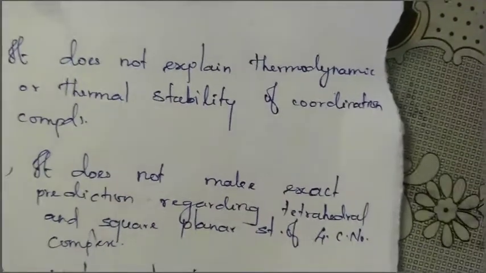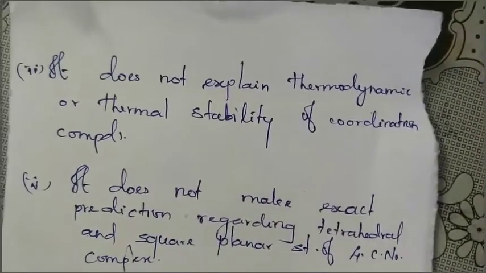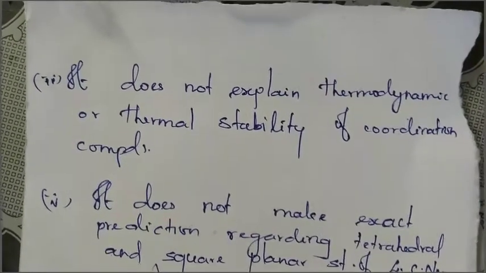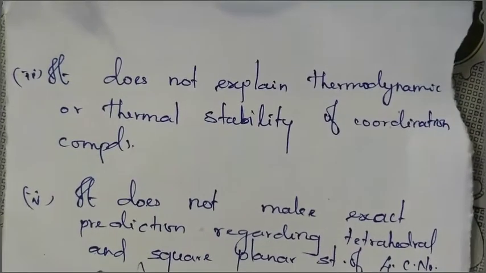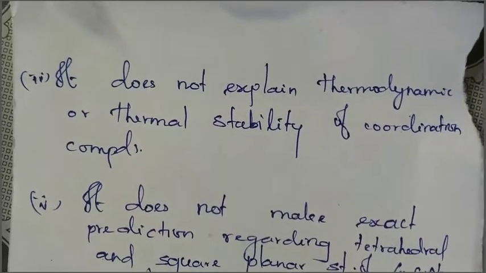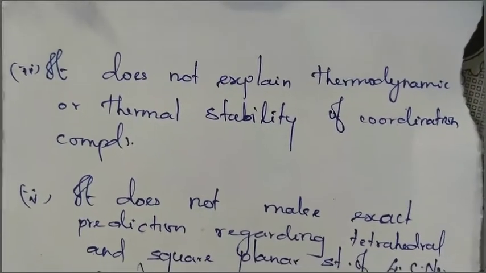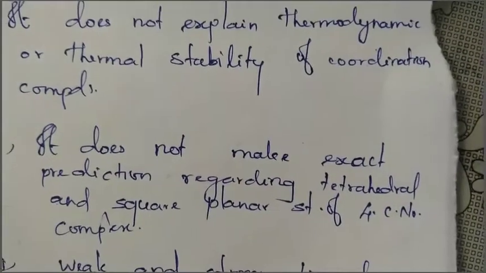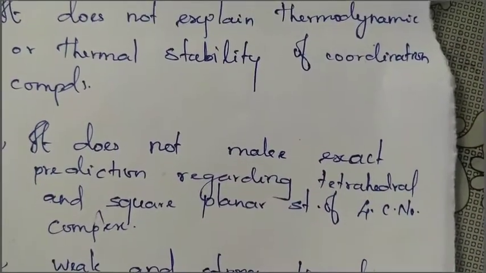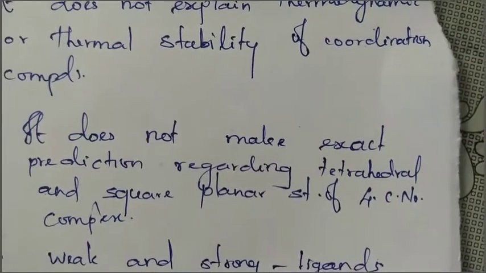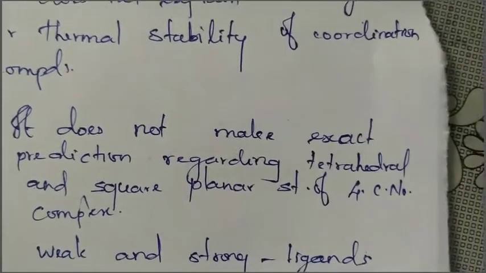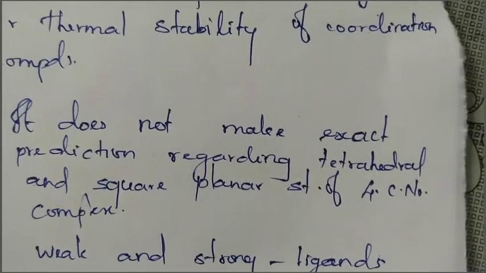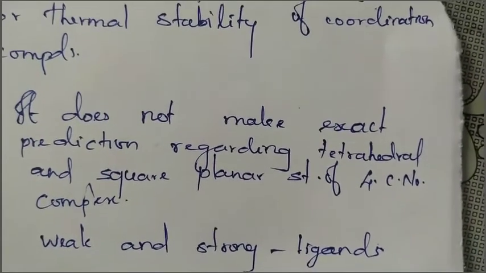Now we are going to study the next limitation. Next point is, it does not explain the thermodynamic or the kinetic stability. Most of the coordination compounds are highly stable, but it does not say anything about their stability. It does not make an exact prediction regarding tetrahedral and square planar, because usually if the coordination number is 6, the geometry of the complex is octahedral.